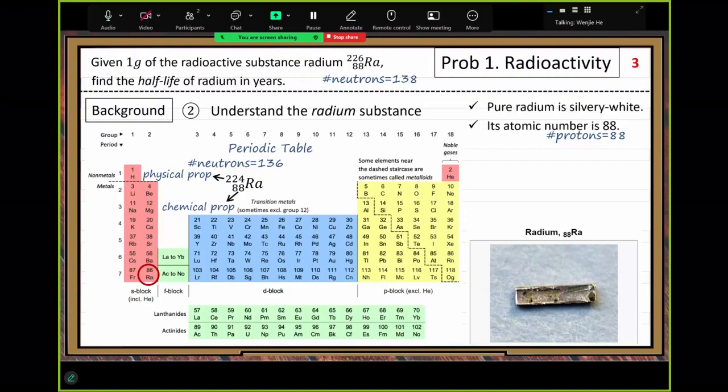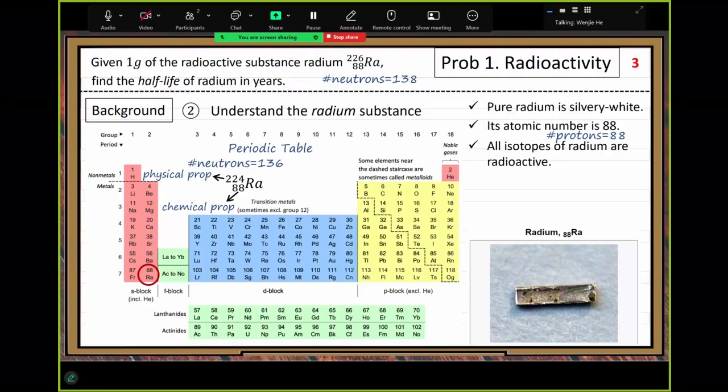All right. Then, all isotopes of radium are radioactive. So for this radium substance, all of its isotopes are radioactive. It has this property. But for some other substance, later we will learn the carbon substance, this property is not true.